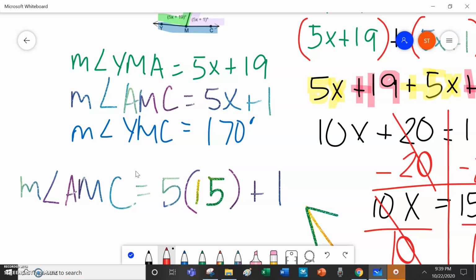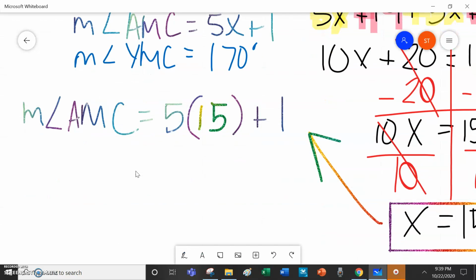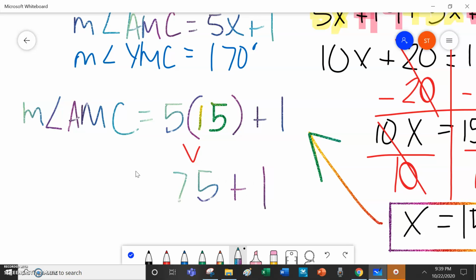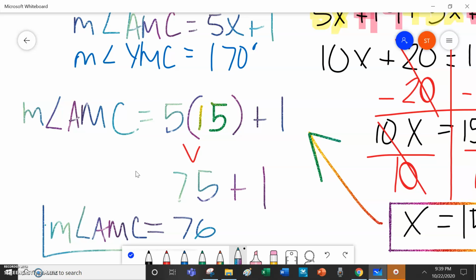So 5 times 15 is 75, and 75 plus 1 is 76. So my final answer, the measure of angle AMC, the question initially posed by our problem, is 76 degrees.